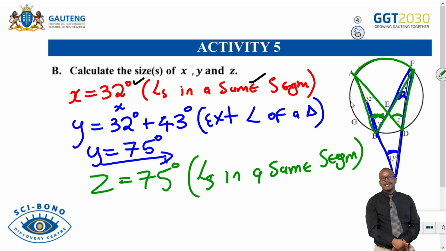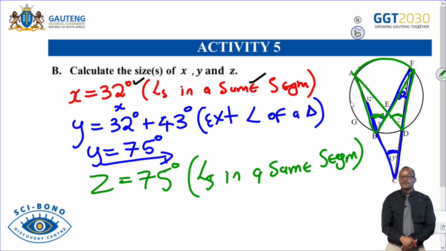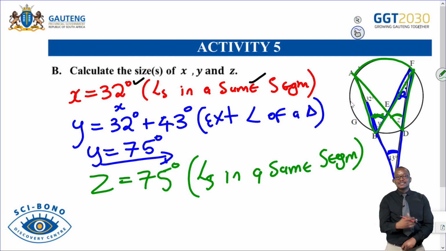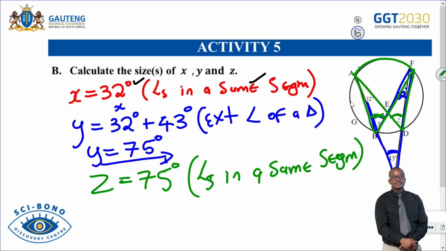Some of the angles require us to apply the knowledge that we learned in grade 10: the exterior angles of a triangle, angles on a straight line, angles in a triangle. Those types of theorems, we need to know them from lower grades.